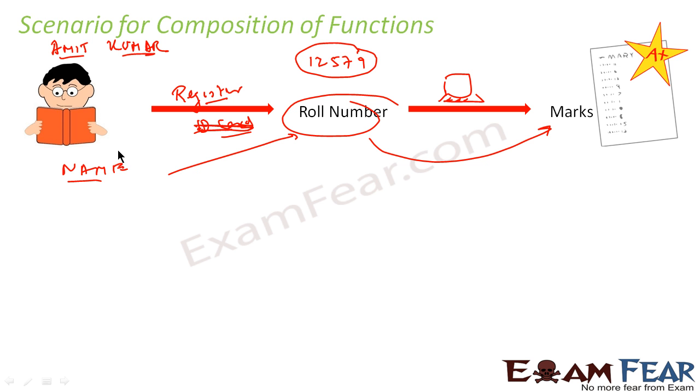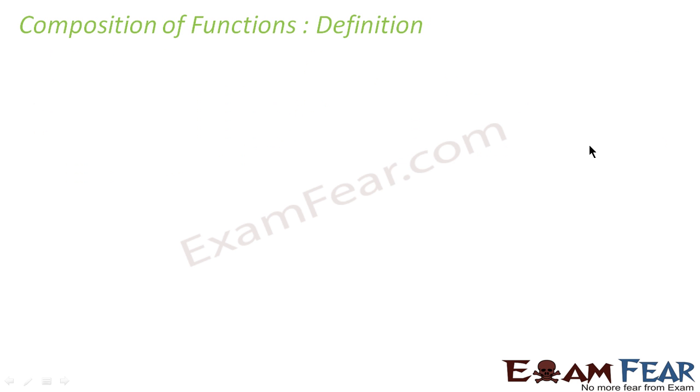You give the input, get the output of one function, and that output is the input to another function, and then you get the next output. Such kind of scenario we'll discuss in composition of function.